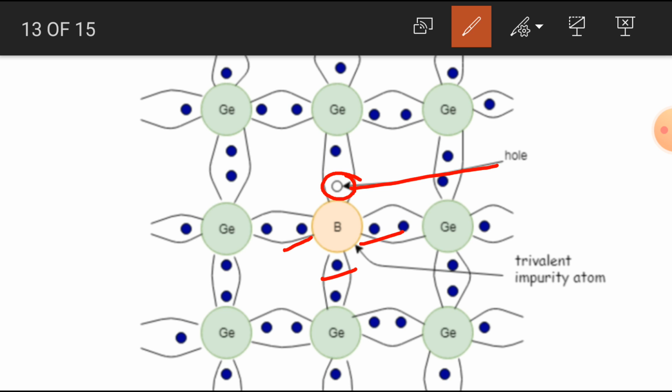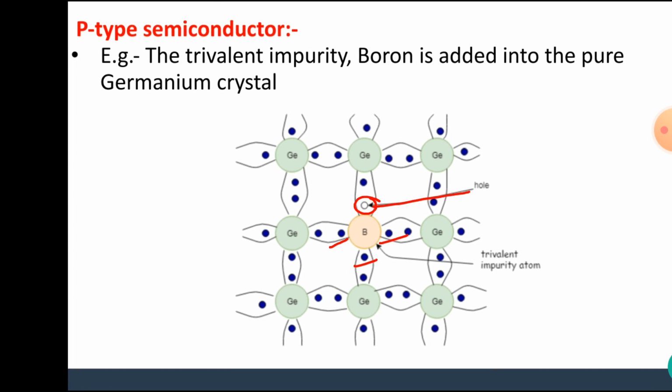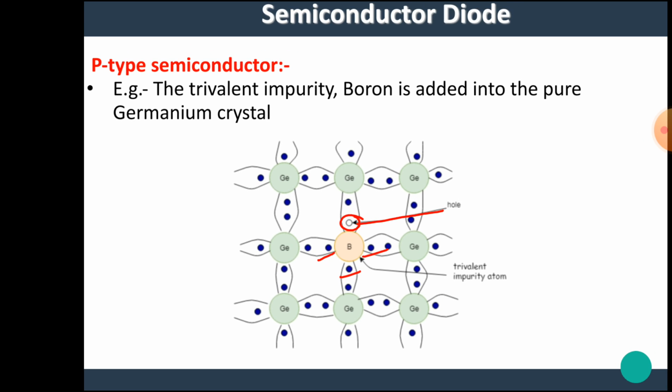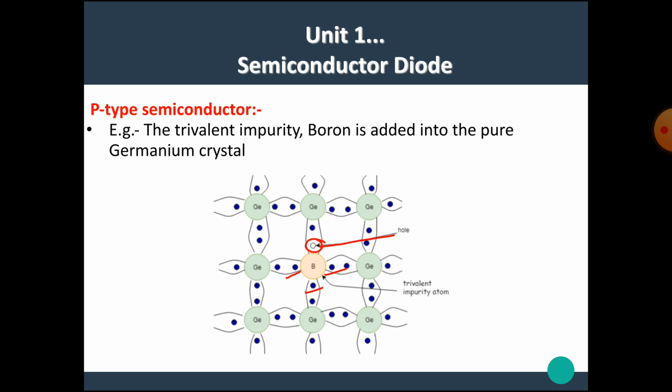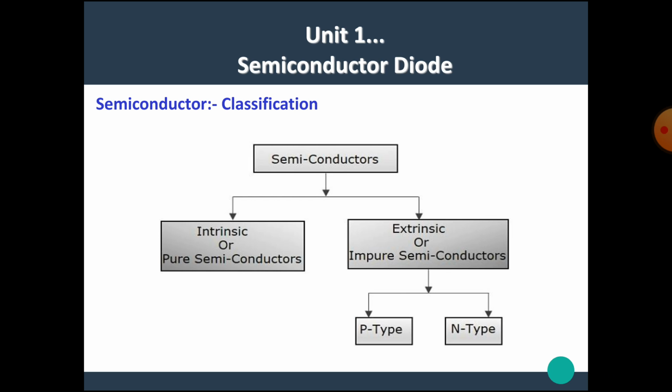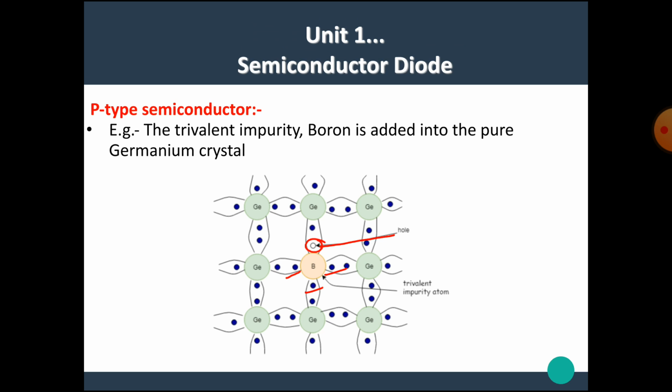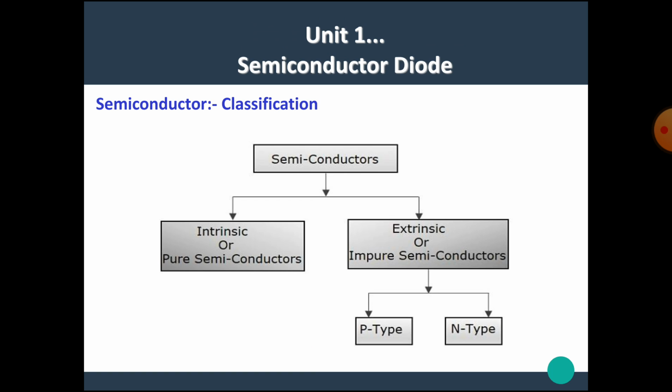That means in p-type semiconductor material, the holes are responsible for the conduction of current, hence holes are the majority charge carriers in the p-type semiconductor material, while the electrons are the minority charge carriers. I hope you all understand the basic concept of n-type and p-type semiconductor material.